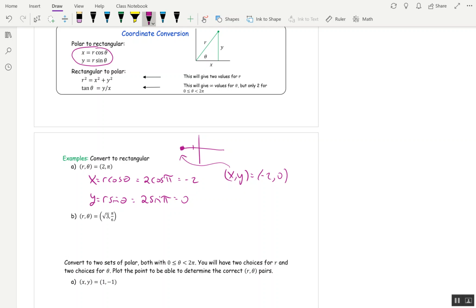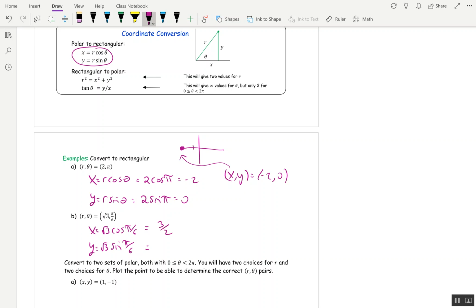All right, next one, x is r cos theta, so √3 cos pi over 6, and y is r sine theta, which is √3 sine pi over 6. Okay, cosine pi over 6 is √3 over 2, so this is going to give me 3/2.